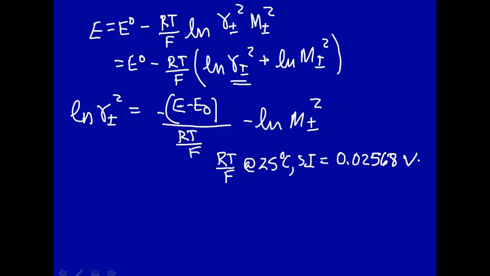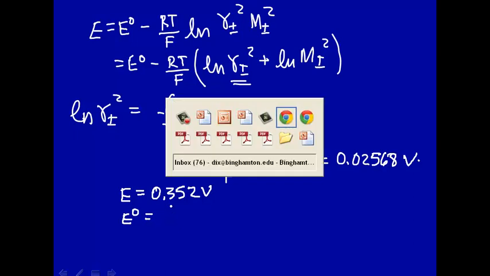Well, E for the cell, as given in the problem, my calculations here are a little different, so let's give you what the E is as actually measured: 0.352 volts. E0 for this cell: remember, we're measuring it against the standard hydrogen electrode, which we set to be equal to 0. So, in fact, the standard voltage would just be, let's see if we can find it here.